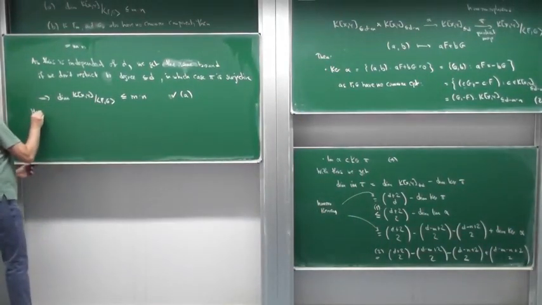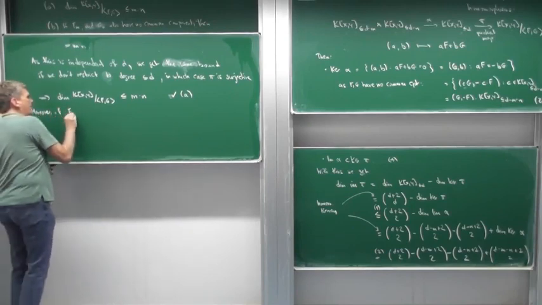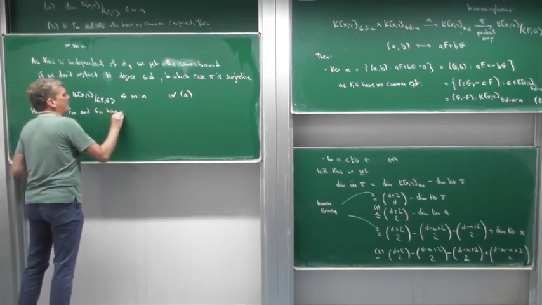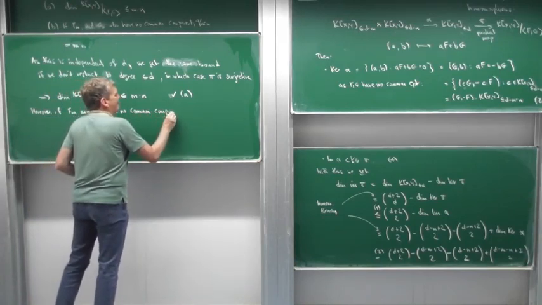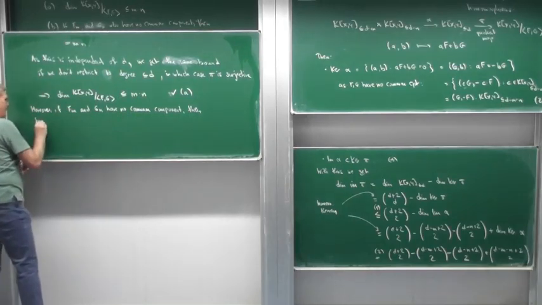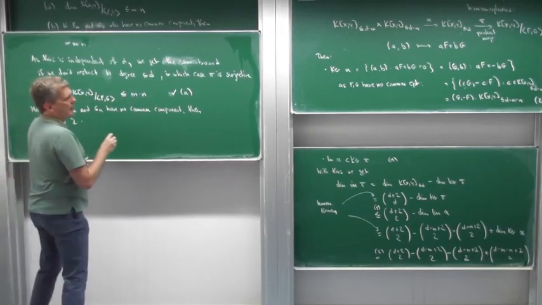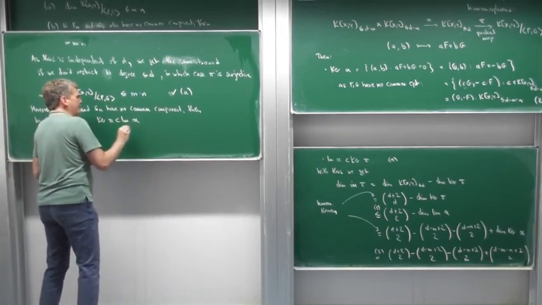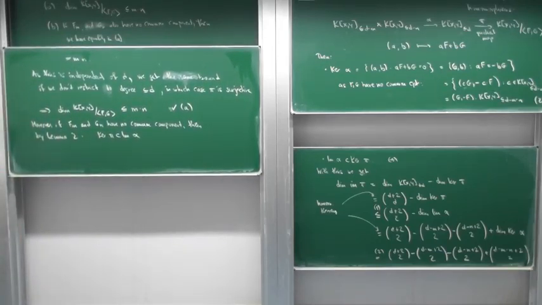So moreover, if Fm and Gn have no common component, and by lemma 2, we also have that the kernel of pi sits in the image of alpha, that is just with this pi and alpha, just the same statement rephrased. Right?